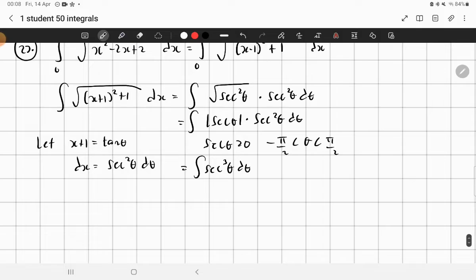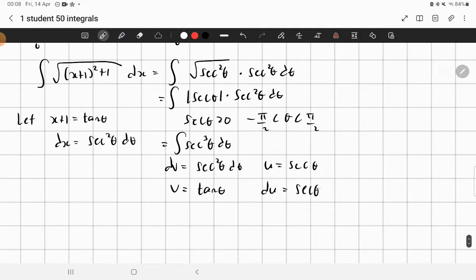You have to use IBP, and you set your dv as secant squared theta. You just separate them, and you obtain tangent theta, and your u will be secant theta, and your derivative will be secant theta tangent theta d theta.